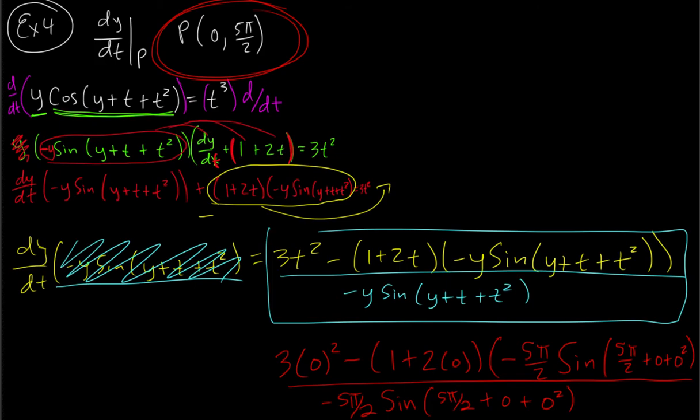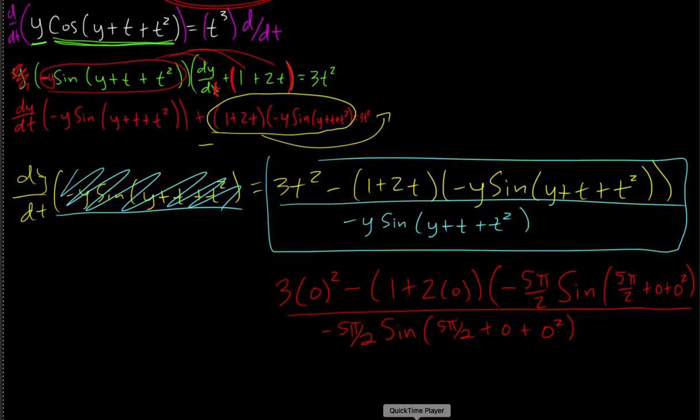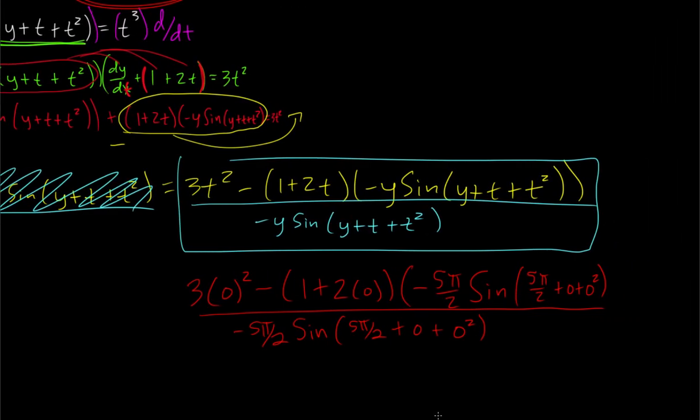A good thing is a lot of this goes away. So let's go down here, give ourselves some space. Okay, all of that goes away because it just goes to 0. This goes away, and all of that just becomes a negative 1. So I'll rewrite that.